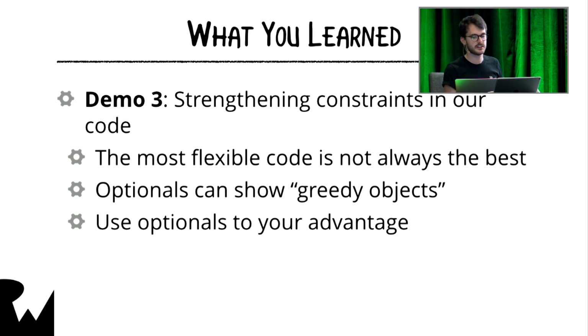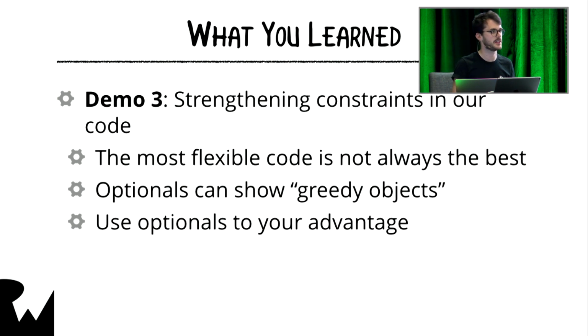In demo 3, we looked at the fact that the most flexible code is not always the best. So code that's doing more than one thing should not be. So we split up our data models, by using optionals, because they show us greedy objects. They show us objects which are doing more than one thing. So you can use optionals and also the compiler itself to your advantage.